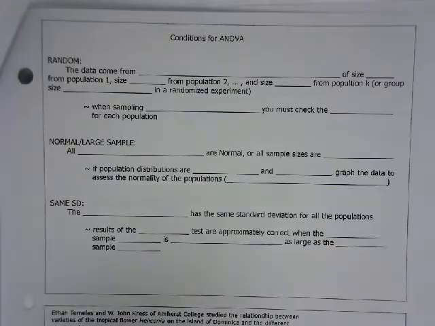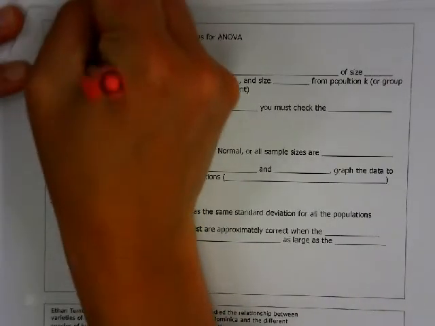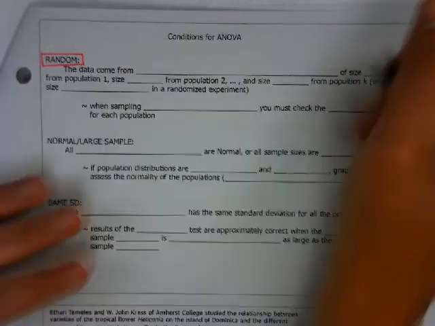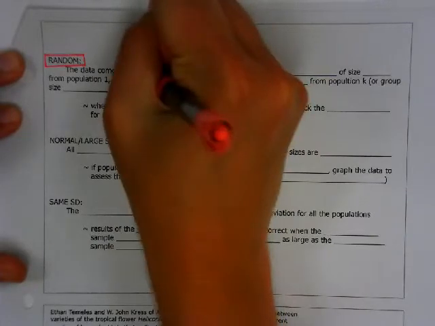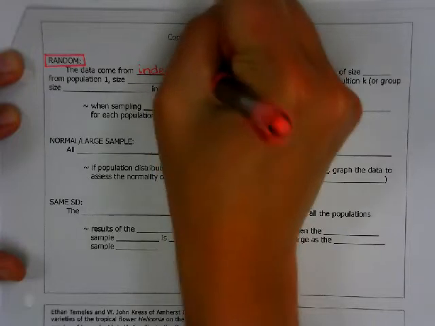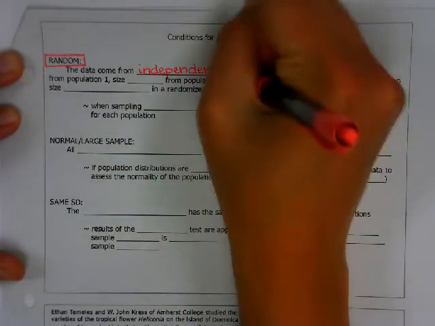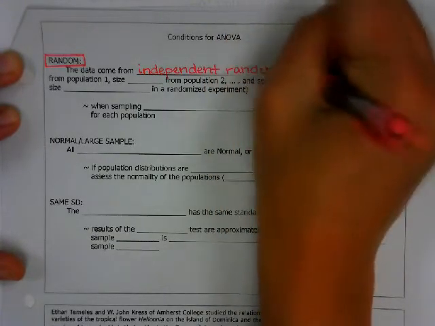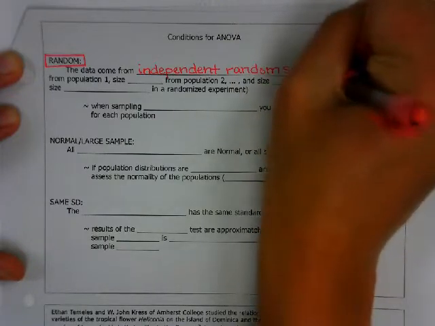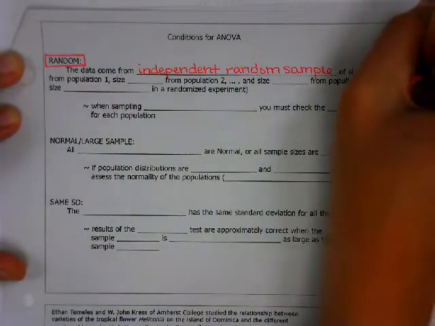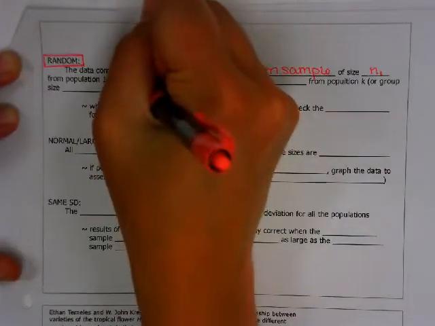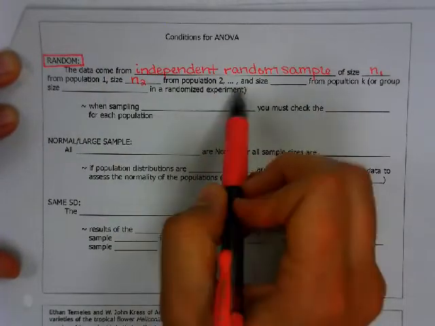The data come from independent random samples of size n sub 1 from population 1, size n sub 2 from population 2, and size n sub k from population k.